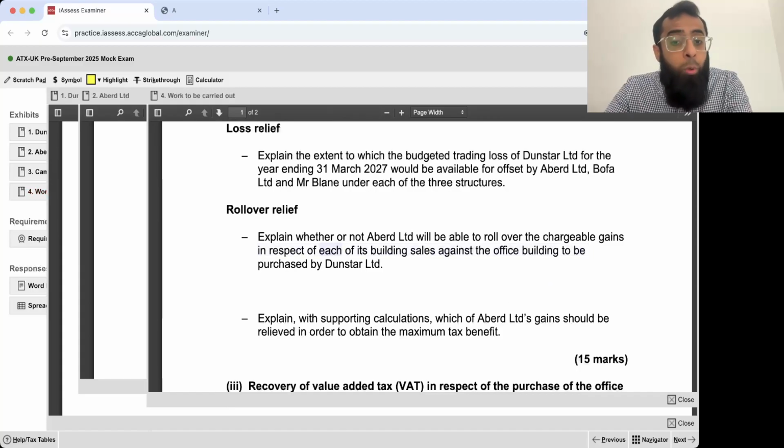So whether rollover can be claimed, and explain with supporting calculation which of the Abrid Limited gains should be relieved in order to obtain the maximum benefit. How many marks? 15 marks. So yes, first of all, rollover can be claimed, but that is in structure X only. Because in structure X only, a capital gains group is formed.